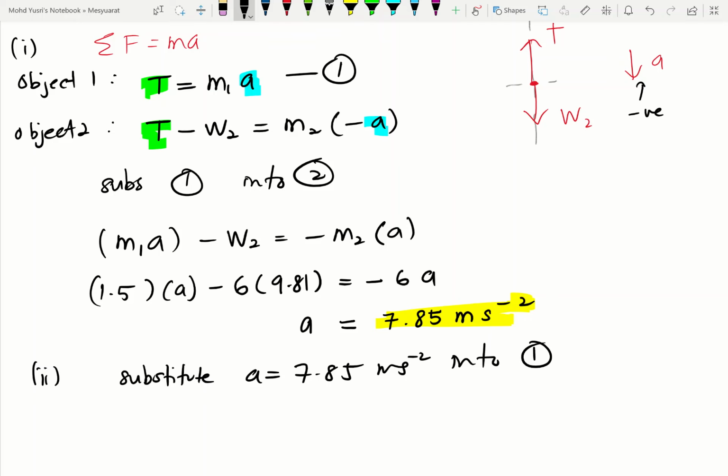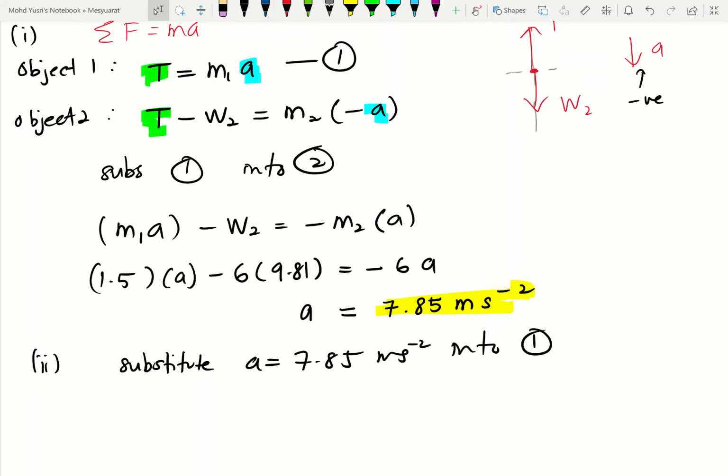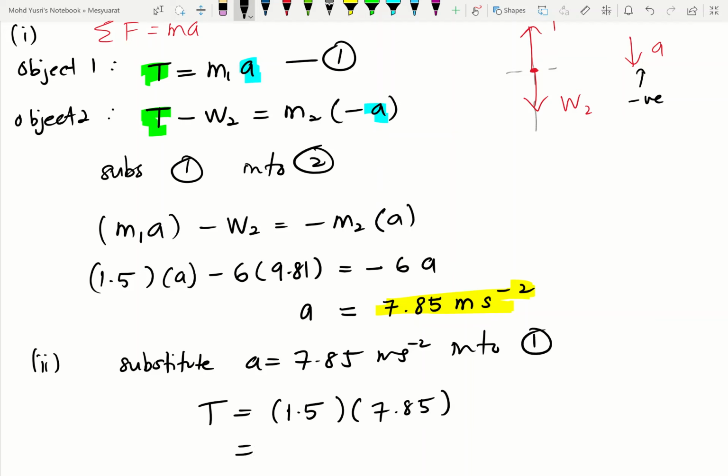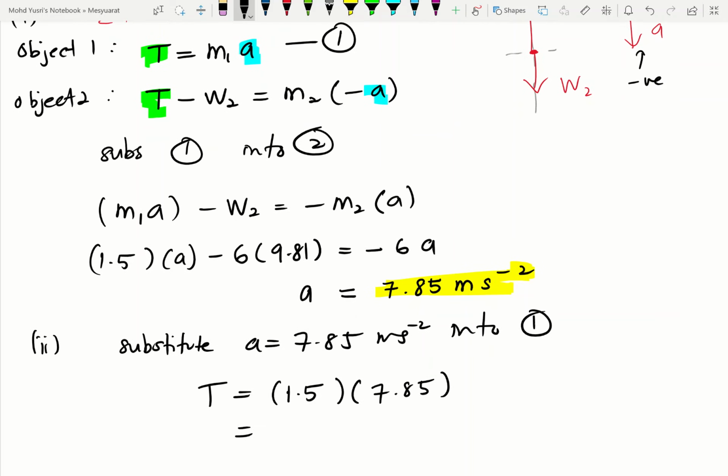But I look at equation 1 as much simpler than equation 2. So T is equal to M1, which is 1.5, times A, 7.85 meter per second square, and we end up with tension equal to 11.78 Newton. So very simple.